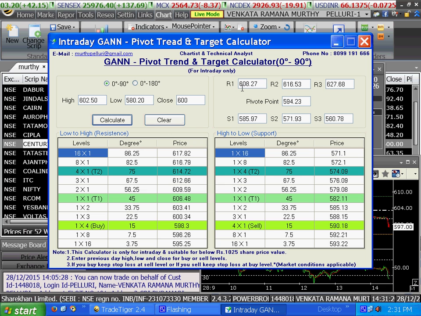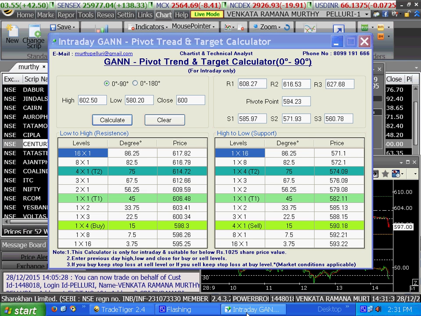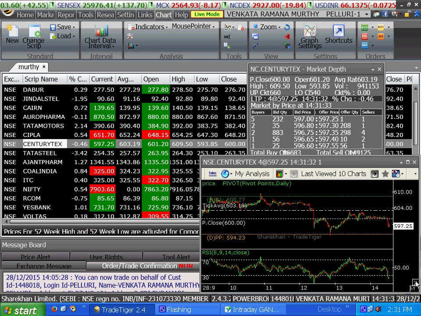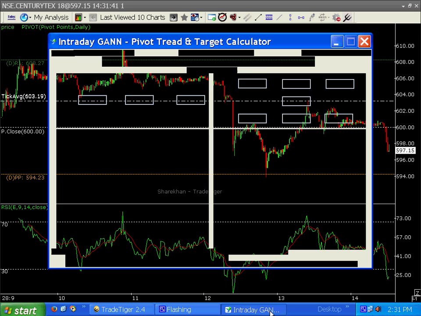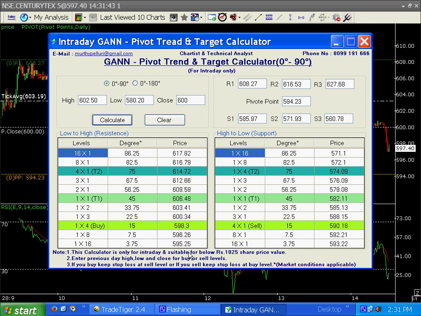Again, what happened? From there the share has come down. After touching the R1 target, the share is slowly coming down, and once it is coming down, we should not enter again, because we don't know whether it will go up again or down.